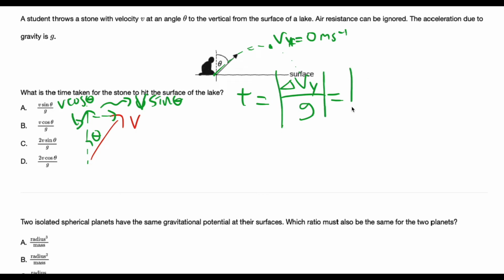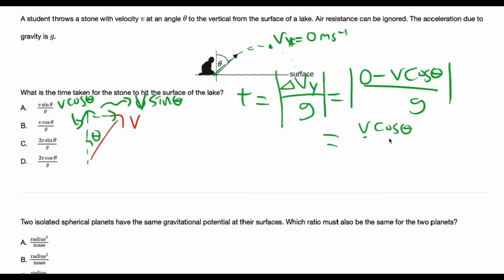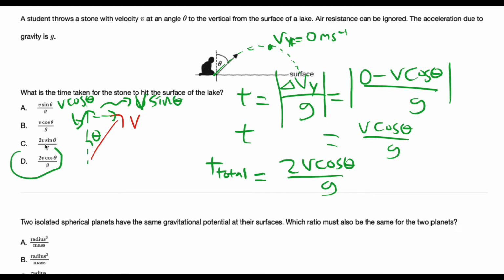So it's going to be equal to 0 minus the initial vertical velocity, which is v cosine theta, over g. So this is equal to v cosine theta divided by g. This is the time to reach the maximum height. However, it asks for the time taken to hit the surface of the lake. So for the total time, you need to multiply by 2. So D is the correct answer.